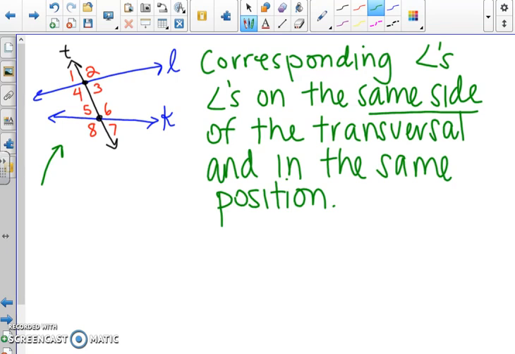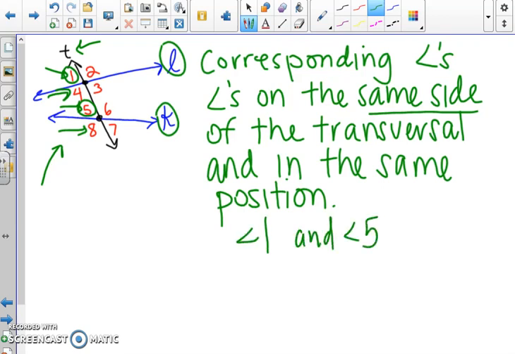So that means, if this is our transversal T, let's talk about the left side. On the left side, we have 1 and 4 and 5 and 8. If they're in the same position, let's say number 1 is above this line L, and the one above K on the left is 5. So angle 1 and angle 5 would be corresponding angles.